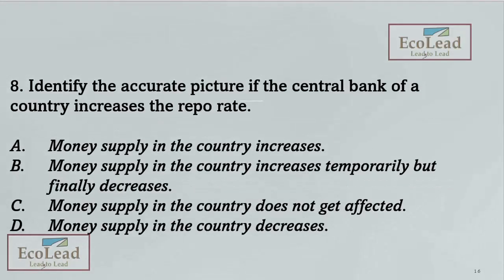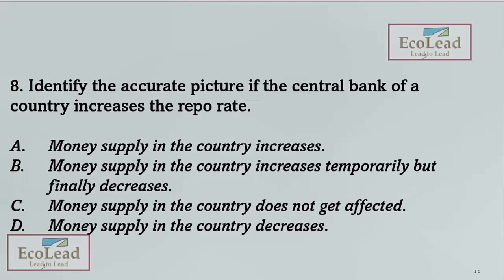Identify the accurate picture if the central bank of a country increases the repo rate. We already discussed what the repo rate is. Repo rate is the rate at which commercial banks can get a loan from the RBI or from the central bank.